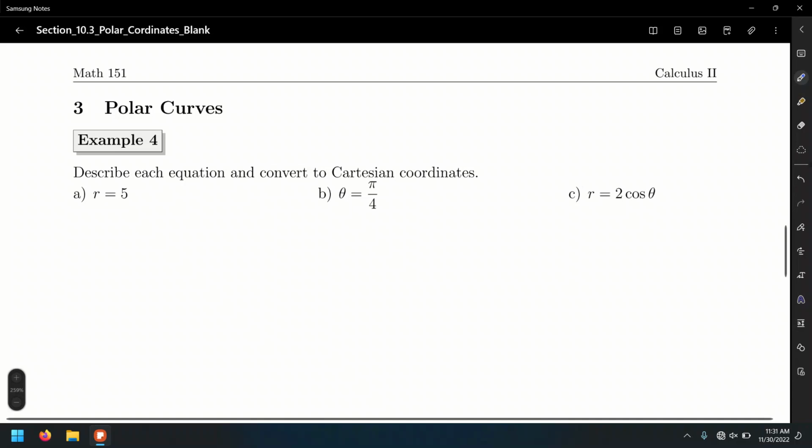And well, in some cases they are very compact equations. In some other cases, we need to do some work before we can describe what they are. Like, for example, let's look at the first example. For letter A, what do we have in this case? R equals 5. That's all they're telling us. However, what has come to your mind when you read this r equals 5? Any ideas?